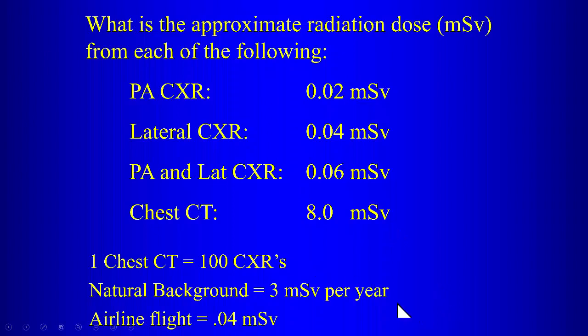To give you comparison, the natural background radiation is 3 millisieverts per year, so that's what you get just living your normal life. And something we don't think about, but if you take an airline flight cross country, that's a dose of 0.04 millisieverts, about the same as a chest radiograph. Again, this is something people don't think about when they get on an airplane, but they might get overly concerned about the radiation dose from a chest radiograph.